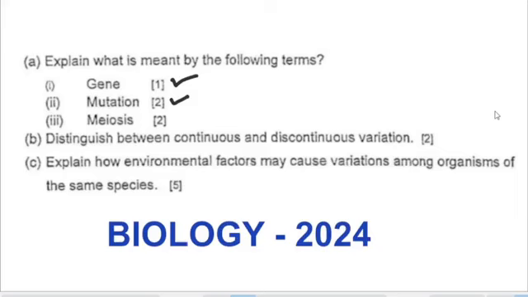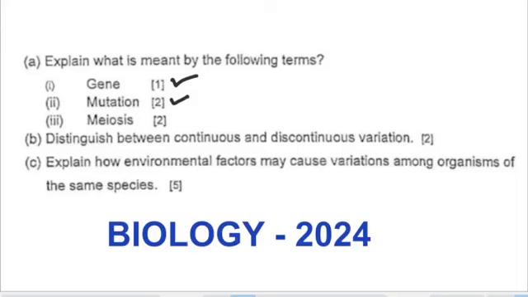So this means that during this process of meiosis, there will be a production of cells in the sexually reproducing organisms, by which the nucleus is going to divide into 4 nuclear cells, and each is going to contain half of the chromosome number, leading to the production of 4 haploid gametes. That is what meiosis is.